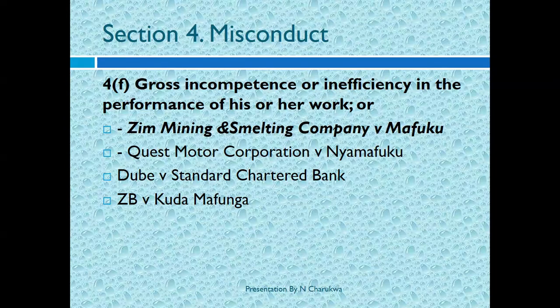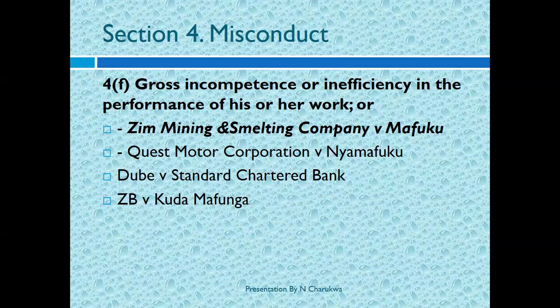Now, what we mean by gross, we are saying that the employer has suffered some financial loss due to the incompetence. That's when it then becomes gross, or due to the inefficiency in the performance of the employee's work. So when you want to charge an employee using gross incompetence, you must have quantifiable losses that the employer or the company has incurred because of the incompetencies of the employee, so that you can now bring out the gross aspect.